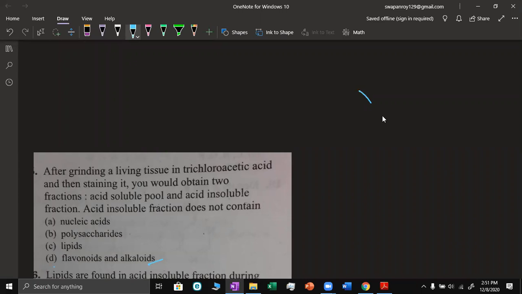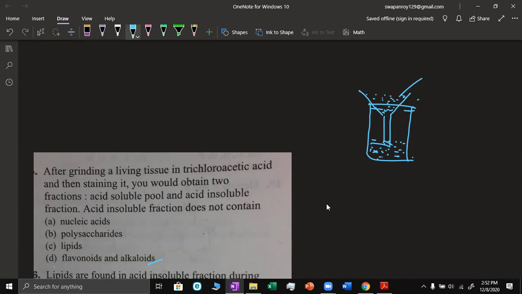As I told, in the filtrate will be the portion which are small molecules, and particularly the polymers are in the acid insoluble portion.